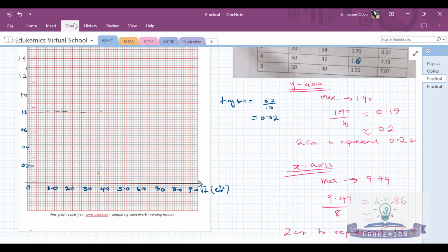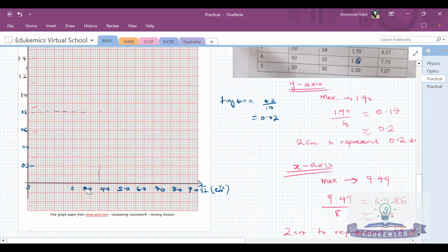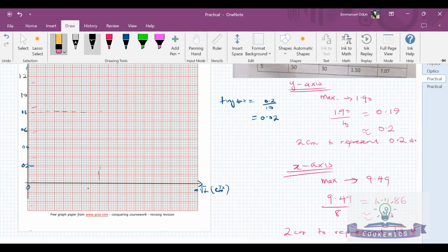Let's relabel, because our axis has shifted. So label it. Let me label it. Okay.